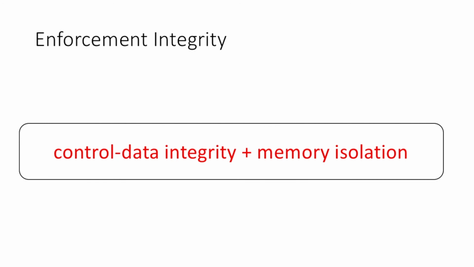Memory isolation protects all the code and data related to the permission enforcement by saving them in an isolated memory region. Our enforcement integrity shares a similar idea as traditional control flow integrity and isolation techniques such as CPI and Redactor.